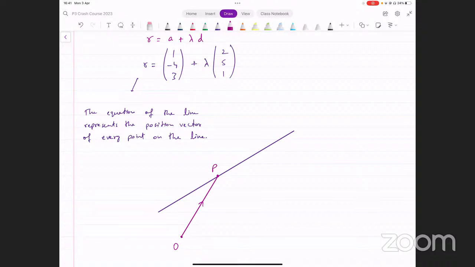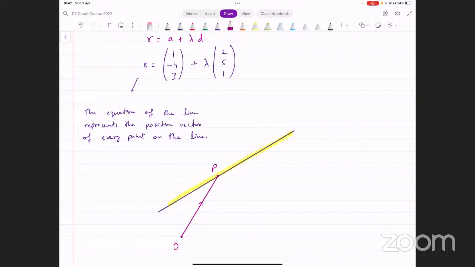Then you have lambda into 2, 5, 1. Now, what does 2, 5, 1 represent? 2, 5, 1 is a vector that is parallel to this line. Okay, a vector that is parallel to this line. So due to this vector, once you have reached this point, you're going to move parallel to the line like this in this direction.